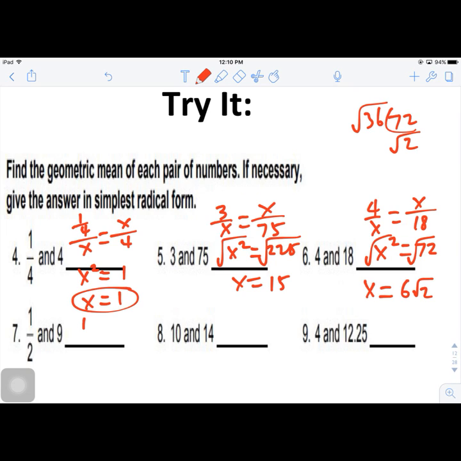Next one, 1/2 over x equals x over 9. And we have x squared equals half of 9, which is 4.5. And you can just take the square root of both sides, which is going to be approximately 2.12.